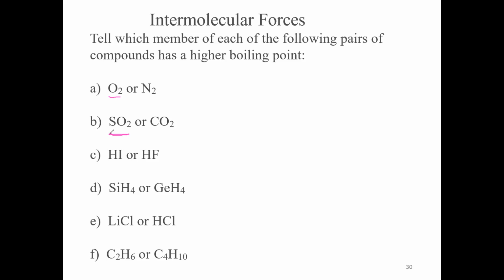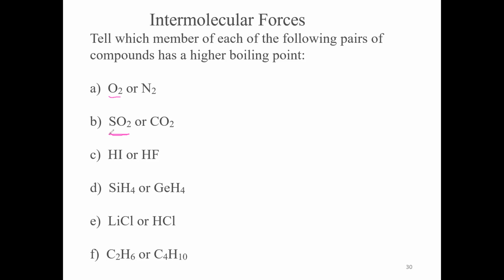Won't be the case though. Carbon dioxide is going to be linear. Carbon dioxide is going to be nonpolar because of it. So carbon dioxide will only have that dispersion force. Whereas sulfur dioxide, we're actually going to have a lone pair on that sulfur. So we'll wind up with a bent molecule. So it'll be polar. We'll have a dipole-dipole interaction.